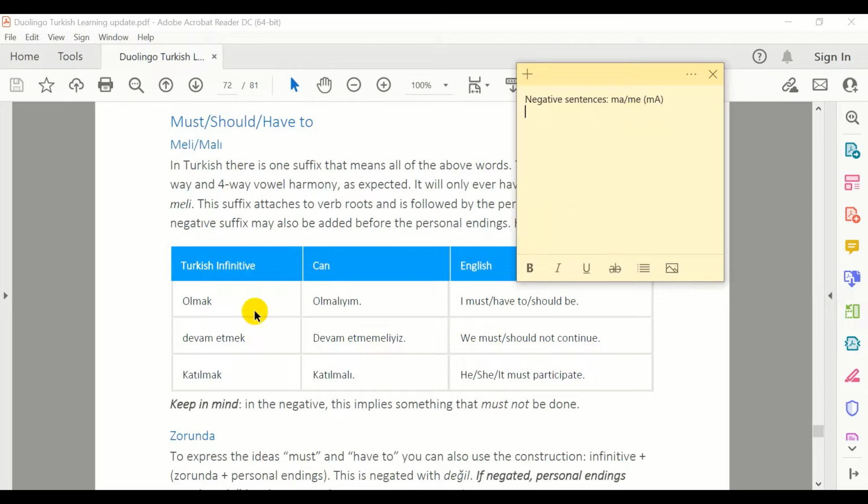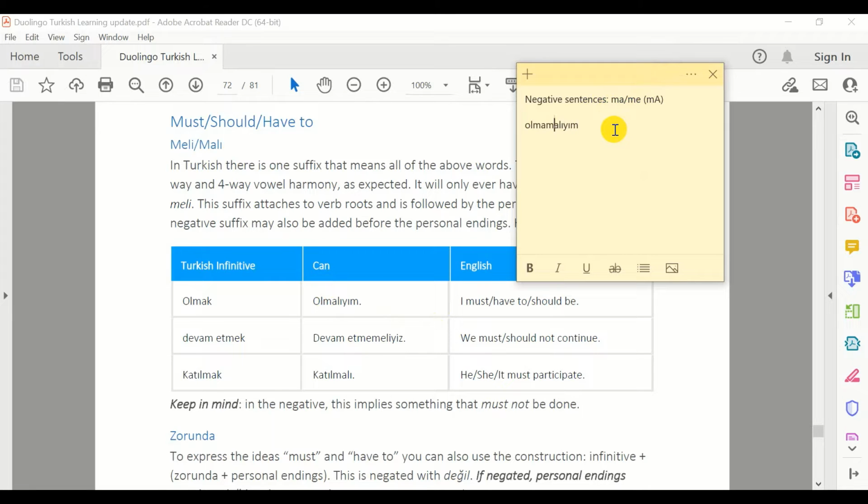For example, it is the positive structure of this obligatory sentence. Olmalıyım, I must be, or I should be. And if you want to change this sentence to negative, you should only know this suffix. That is all. Olmamalıyım, I must not be.